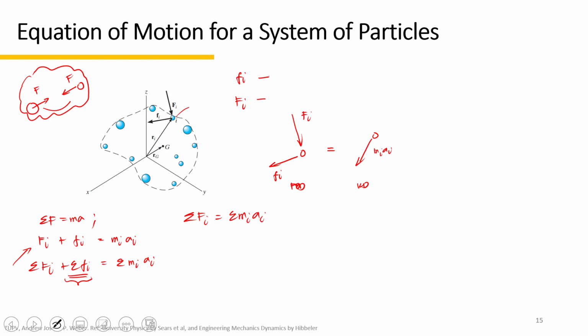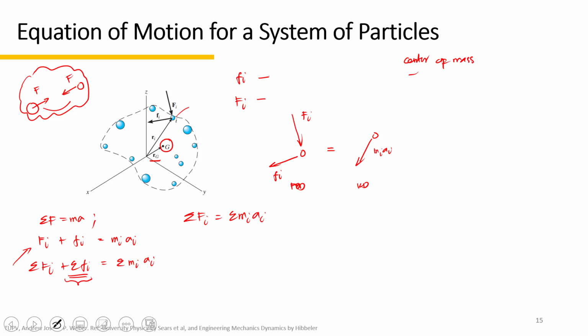Now, let's concentrate our attention on this distance, r_G. It is a position vector which locates the center of mass G of the particles. Now, what is the center of mass? Let's review what the center of mass is.